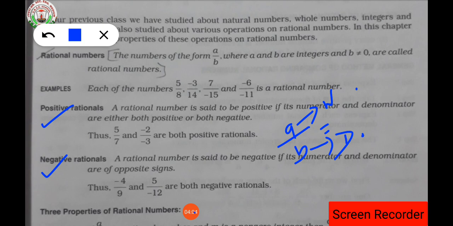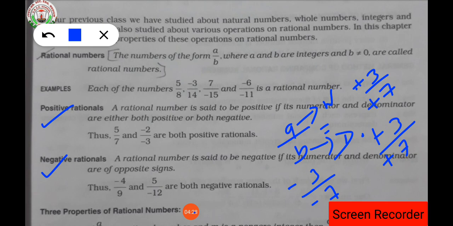Numerator and denominator we have, suppose the example 3 by 7. If the numerator and denominator are both positive numbers, then it is called a positive rational number. Or we can say that if the numerator is negative and the denominator is also negative, then also it is called a positive rational number. Why is it so? Why minus 3 by minus 7?